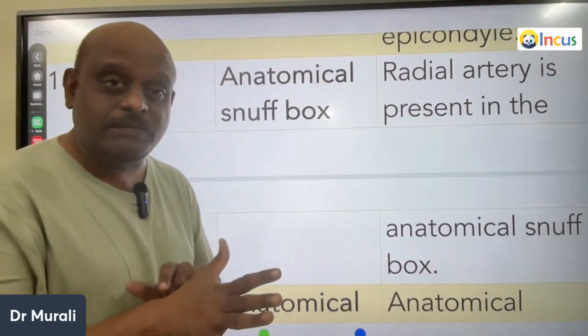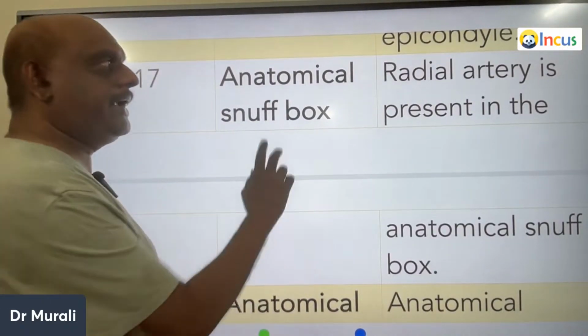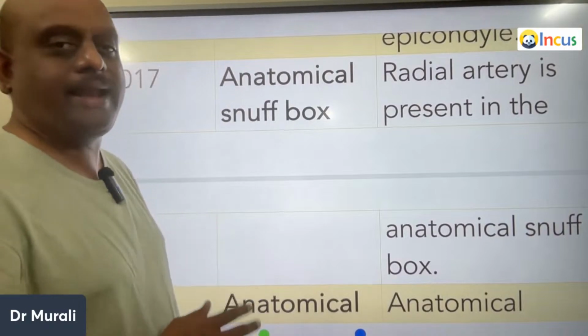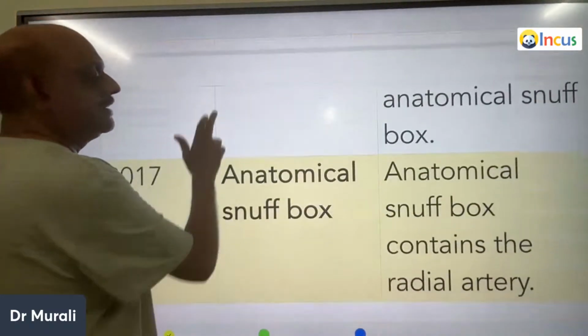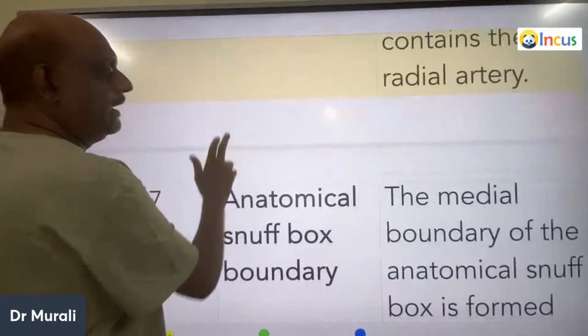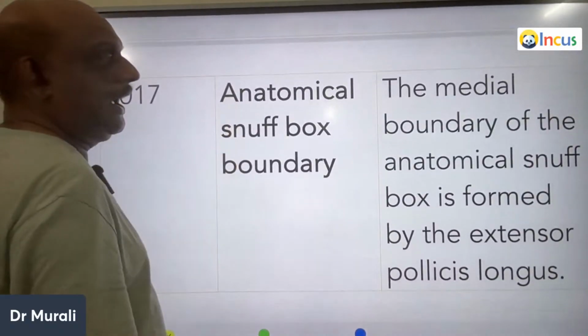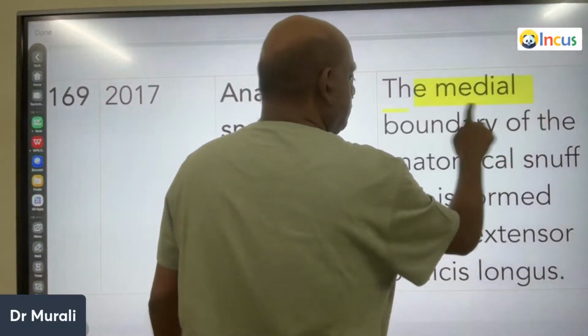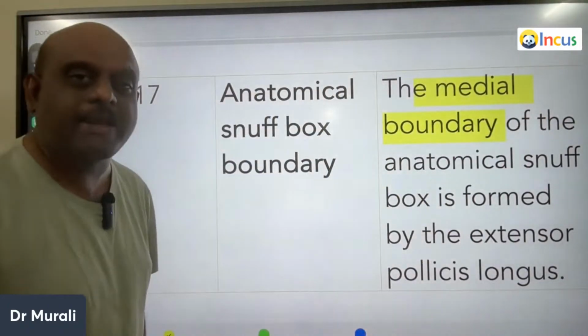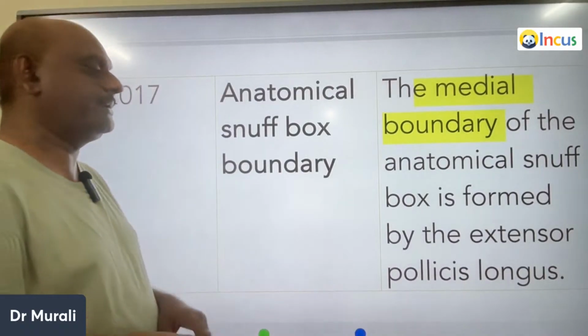And what is the content of the anatomical snuff box, doctor? Radial artery is the content of the anatomical snuff box. And what is the medial boundary of the anatomical snuff box? One of the favorite areas of the examiner.